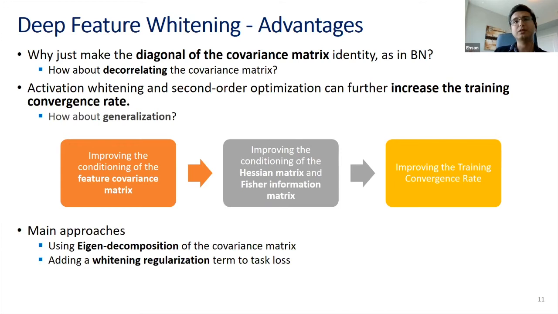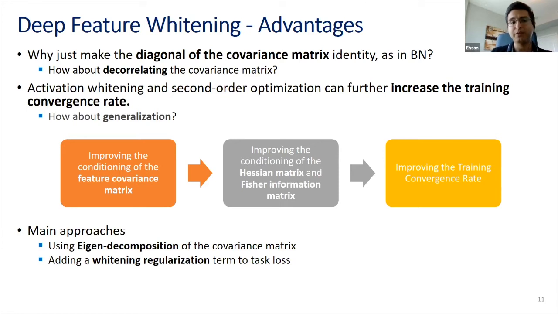But now the next question is, is this enough, or can we go further? Can we push the off-diagonal elements of this covariance matrix to zero? It means, can we reduce or remove the correlation that we have between different elements of that covariance matrix?